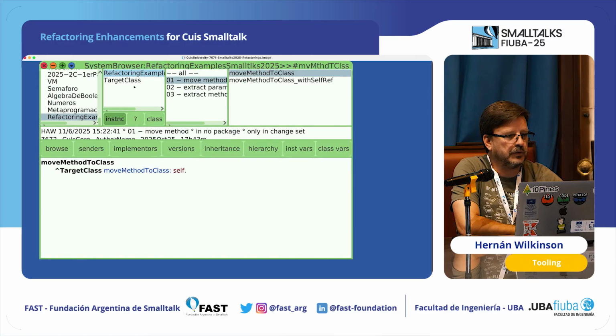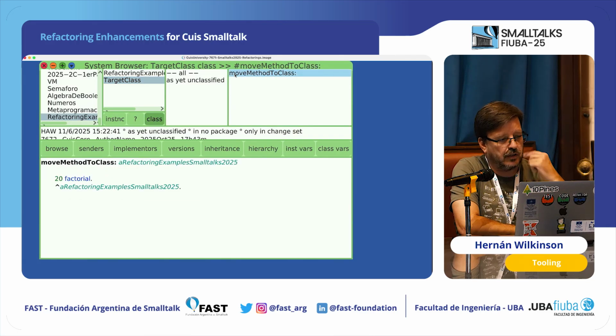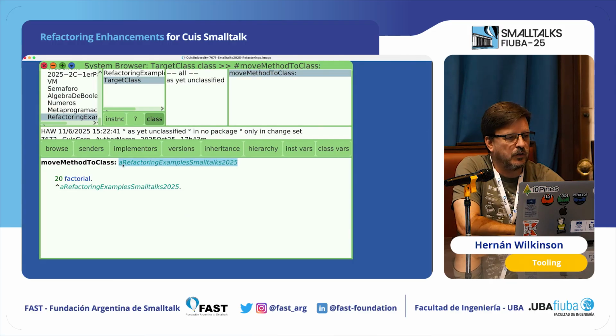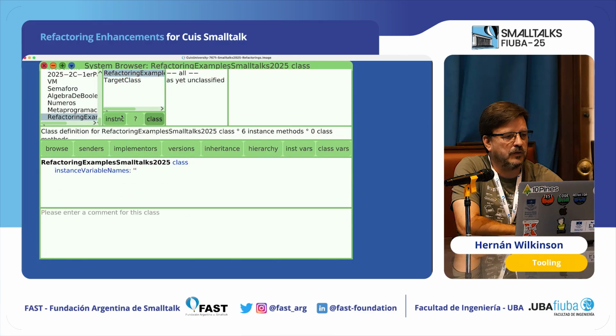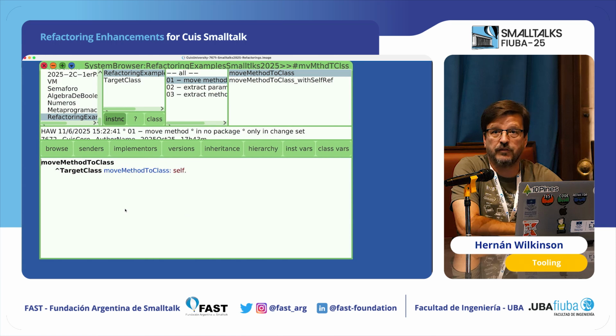And as we can see, now on the class side of target class is this new method that in this case is receiving the instance of refactoring examples, because the original method was returning self. So to keep the same return, to return the same object, we have to pass it and then return it.